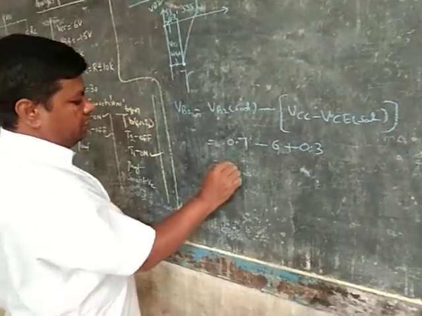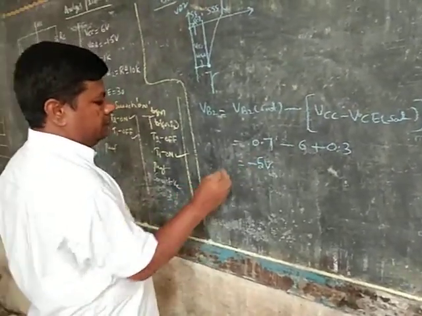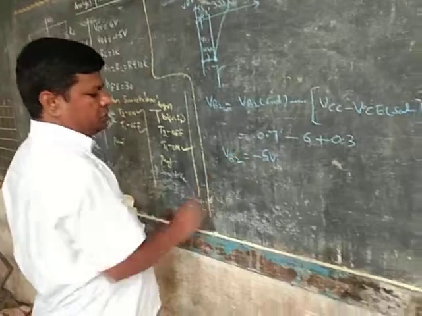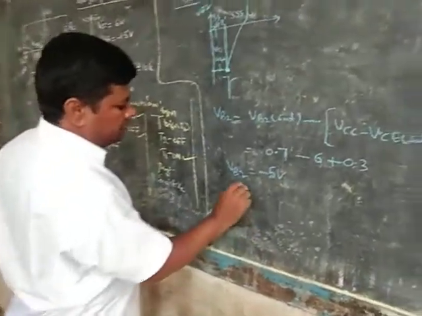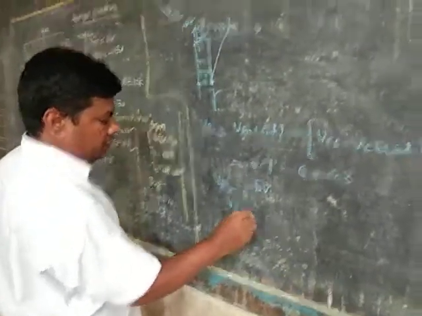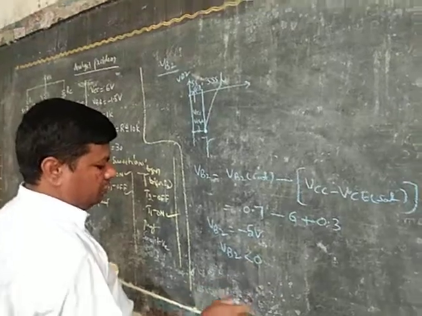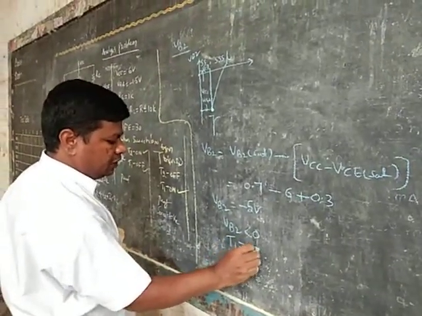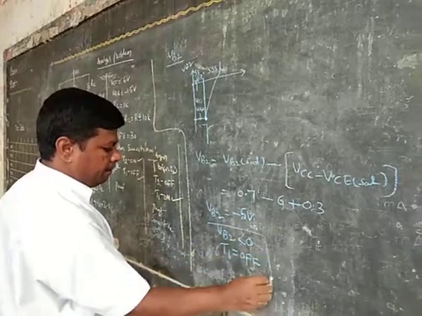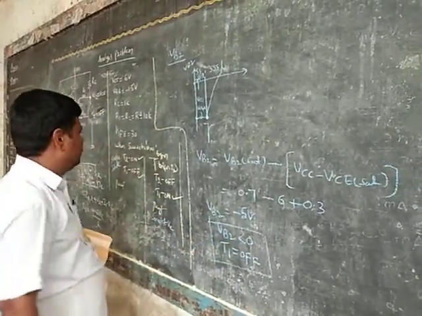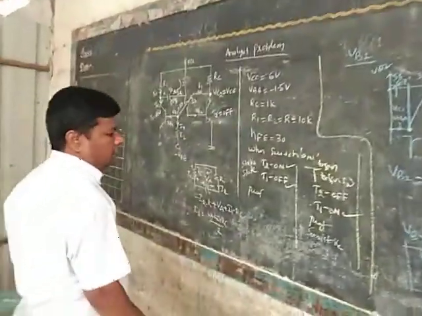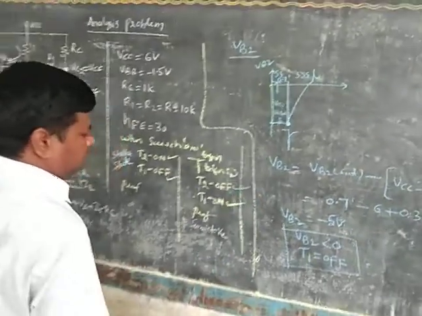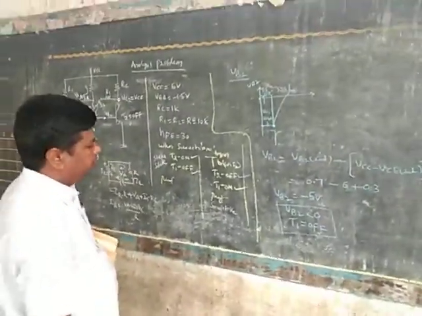That is equal to minus 5 volts. So VB2 is equal to minus 5 volts, so VB2 less than 0. Then you can say that transistor T2 is in off state. Now completed last one. Transistor T2 is also off.